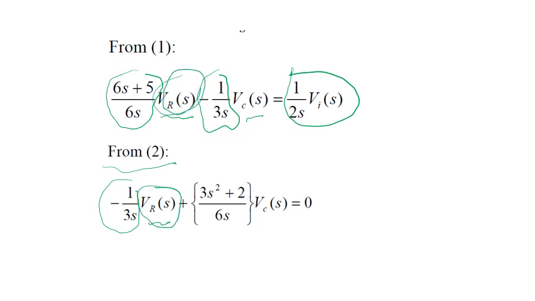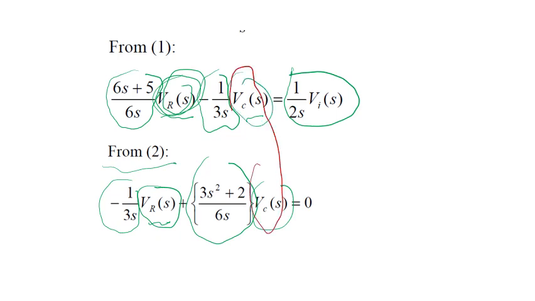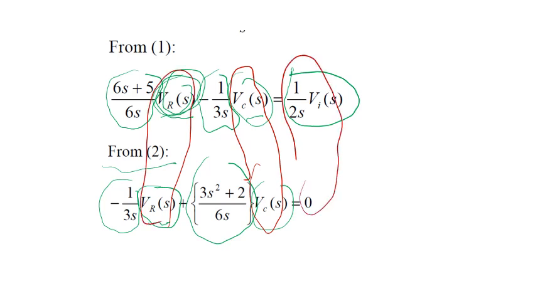The right order in arrangement is very important to avoid any mistake in applying Cramer's rule. And coefficient of VC, VC with VC, VR with VR, and here constant, or in terms of a value of a voltage. So when we have these two equations, we can solve them by Cramer's rule.